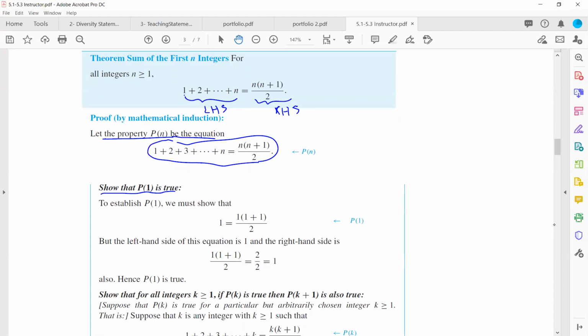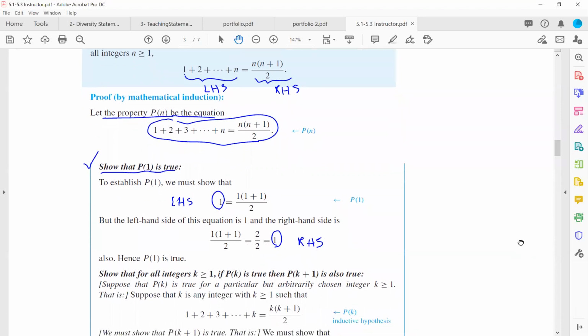If you plug in 1 on the left-hand side, the very first term is 1 itself. So we don't have anything else for left-hand side. But for the right-hand side, if you plug in 1, you get 1 times (1 plus 1) divided by 2. You can cancel out 2 and 2, which is 1. Left-hand side is equal to the right-hand side. So you just proved P(1) is true.